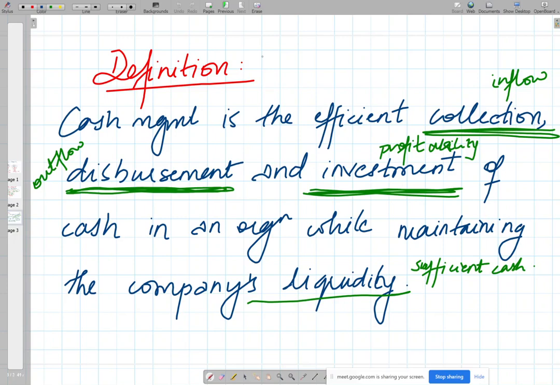And having taken care of all these three functions, in the background simultaneously, you also have to keep in mind the liquidity position of the company. At any point of time, you have to ensure that there is enough liquid cash available in the business so that you can meet all other expenses that are incurred on a day-to-day basis.